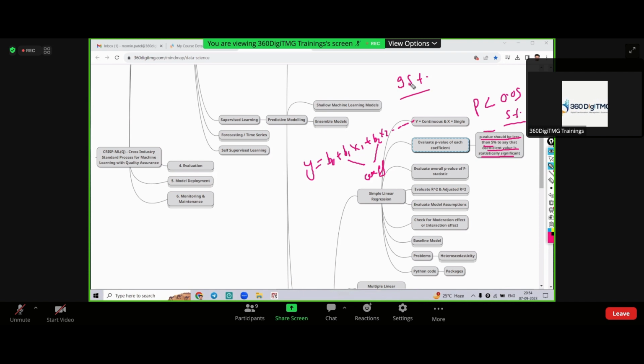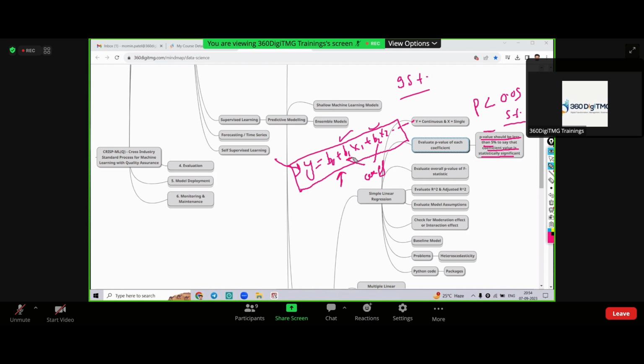First you need to check whether p is less than 0.05. If it is less, then only you will validate these coefficient values and use them in this equation to predict y.